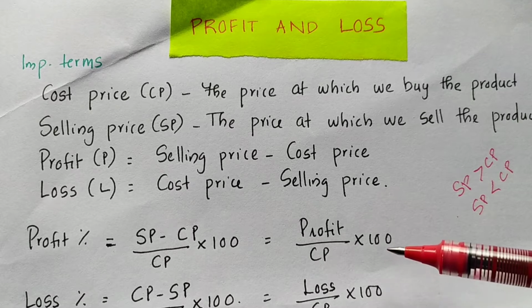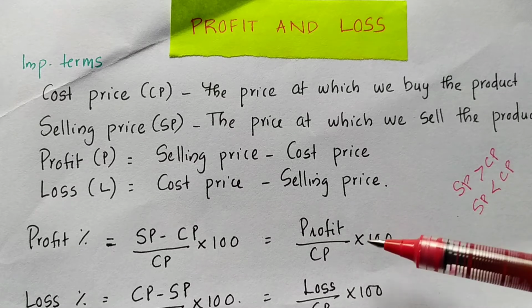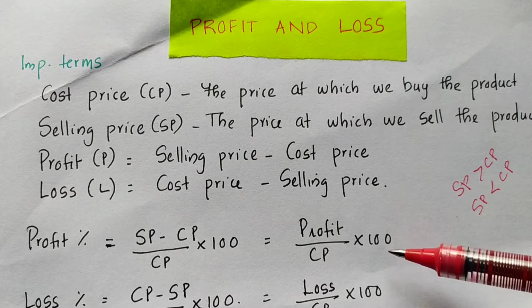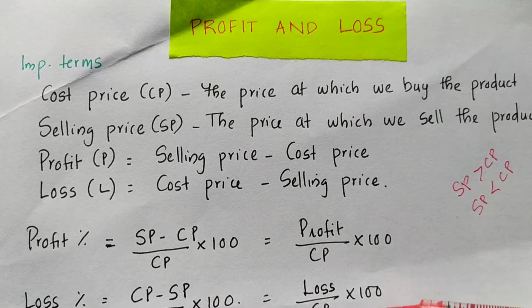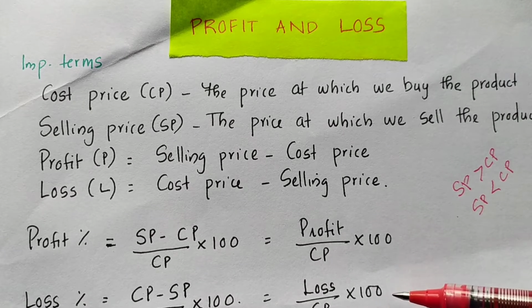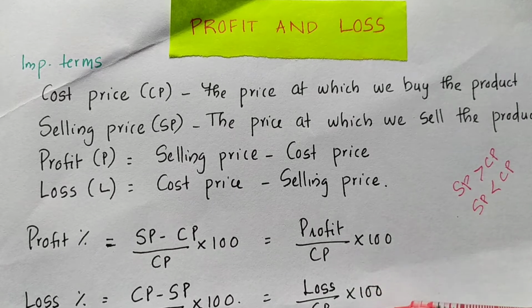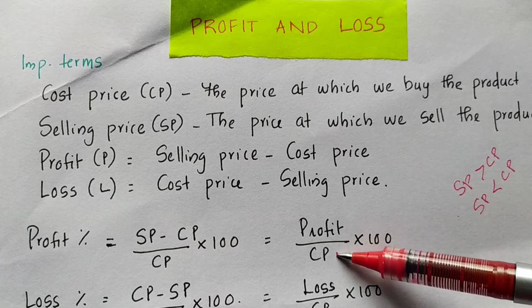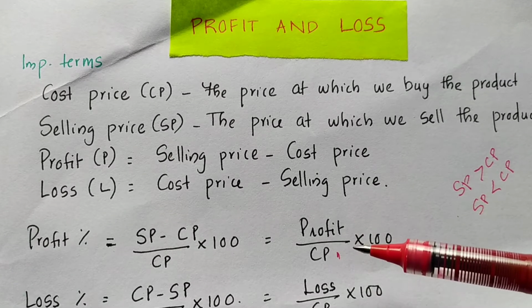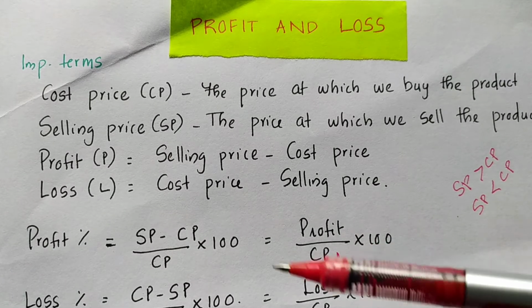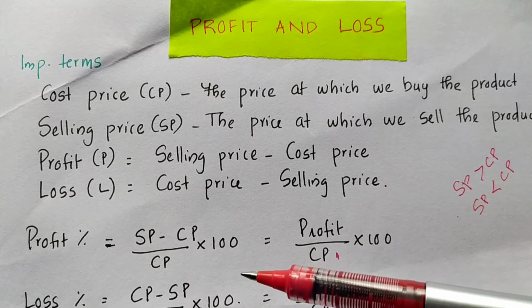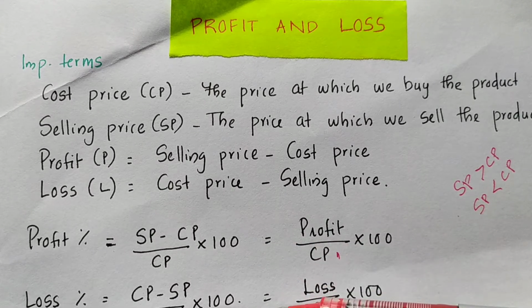Profit percentage is profit by CP into 100 and loss percentage is loss by CP into 100. We have to keep in mind that both profit percentage and loss percentage are calculated in terms of CP. So profit percentage is profit by CP, that is SP minus CP by CP into 100, and loss percentage is CP minus SP by CP into 100.